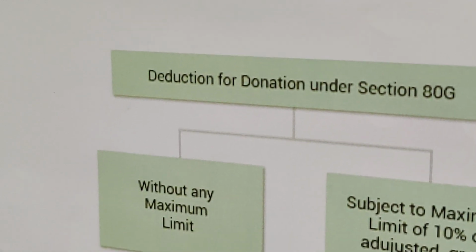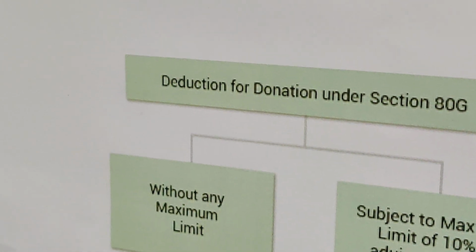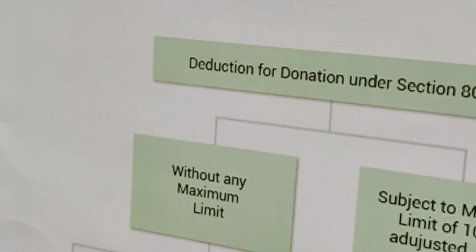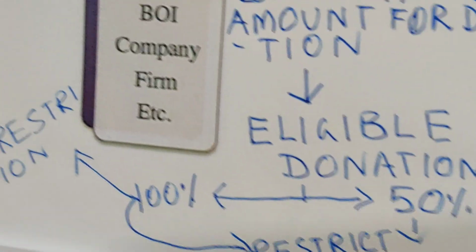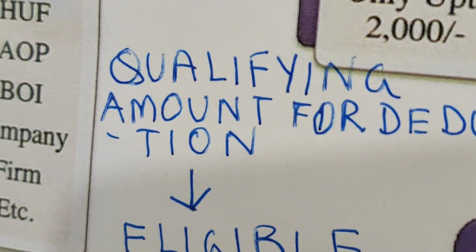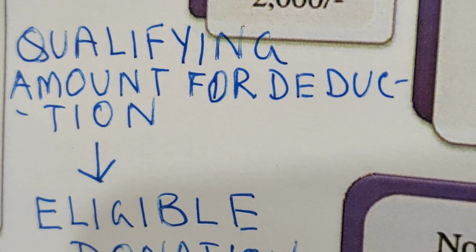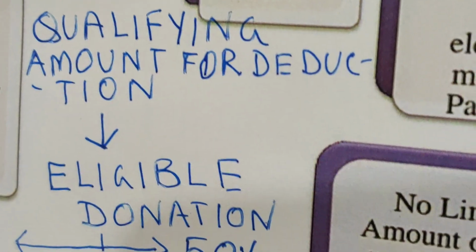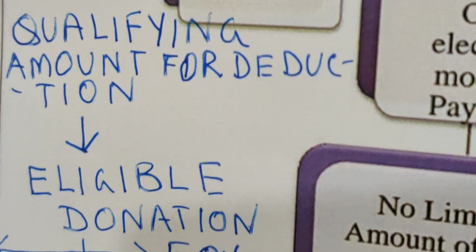Now first we have to find that deduction. Before the deduction, we need to know the qualifying amount. First we have to see what the qualifying amount for deduction is, then we will find the eligible donation.